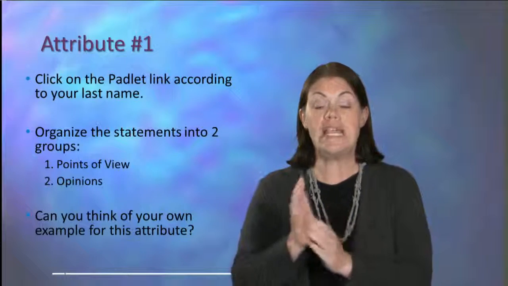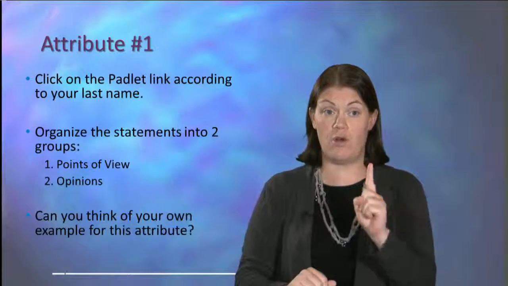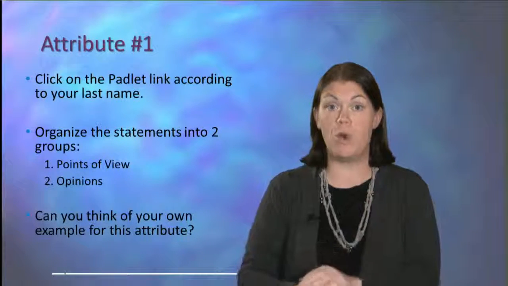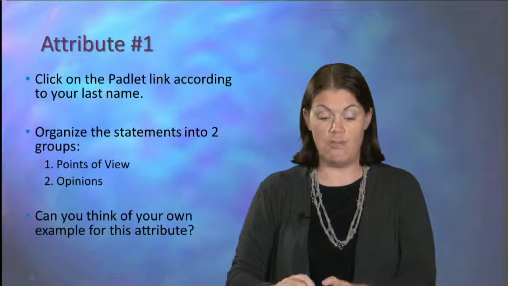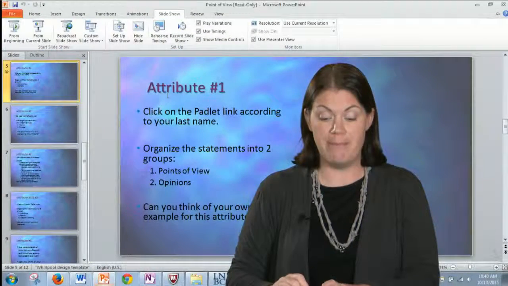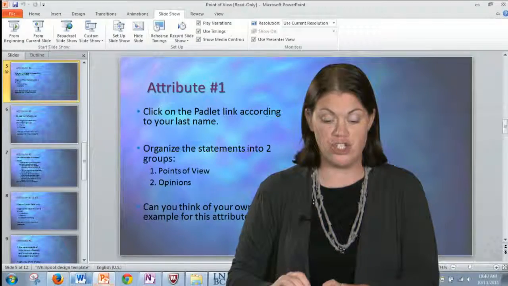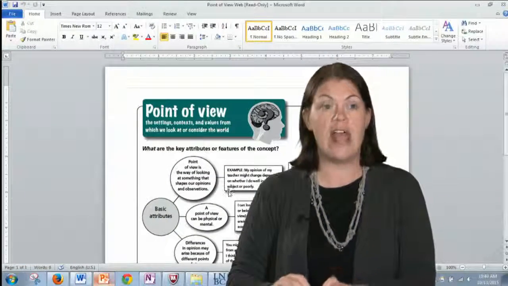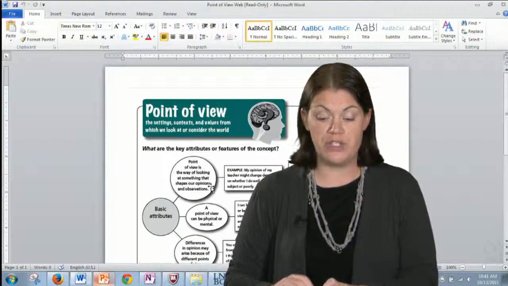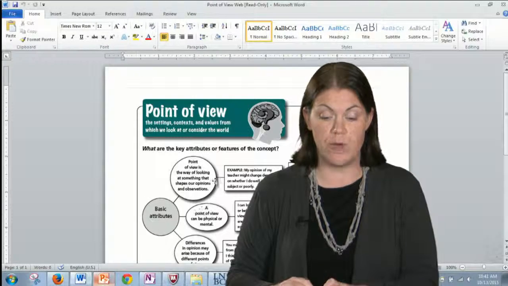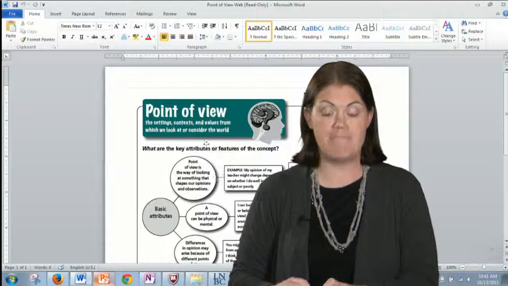So in the assignment again, today we're going to focus on attribute 1. If you go back to that main page that I just had you download, attribute 1 is right there. Okay.